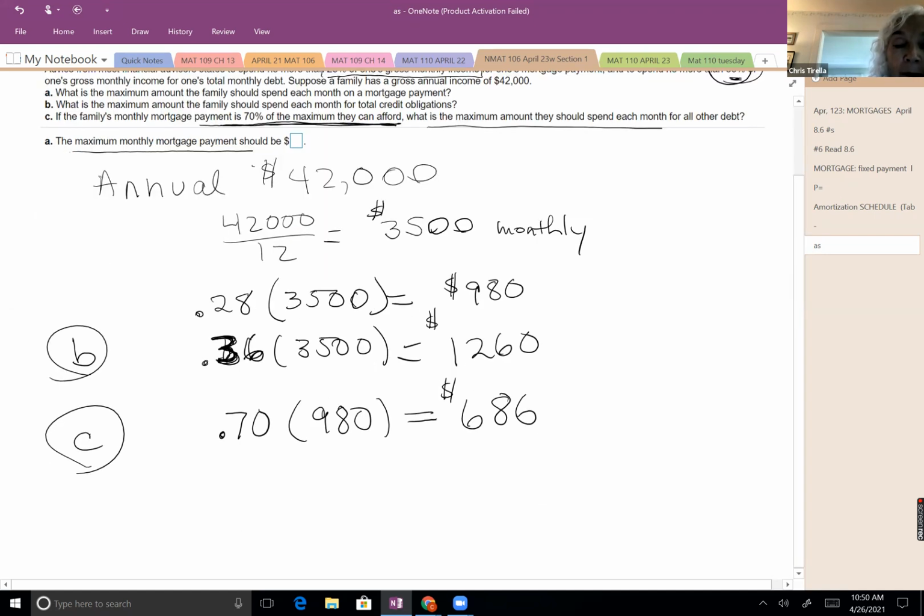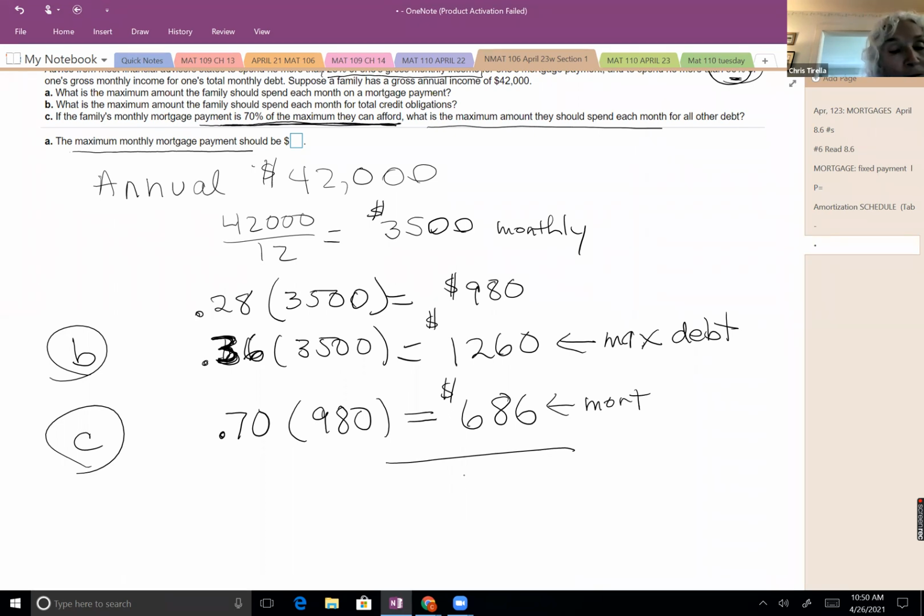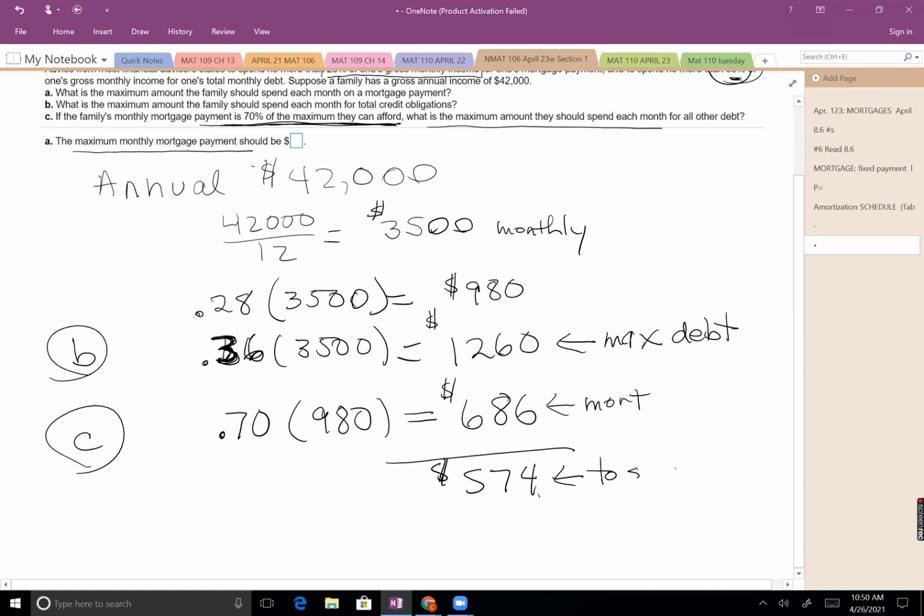Well, if this is what their mortgage is, and this is what their maximum debt is, wouldn't the difference between those, $574, be what they have left to spend on other things? Does that make sense? Where the 574 came from?